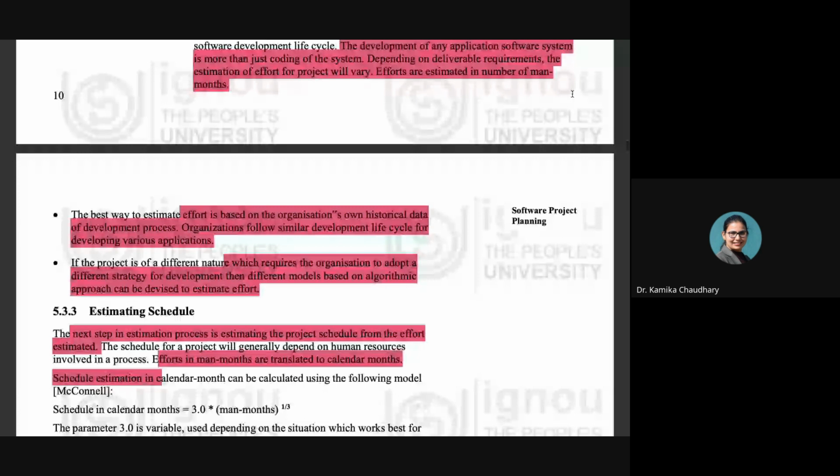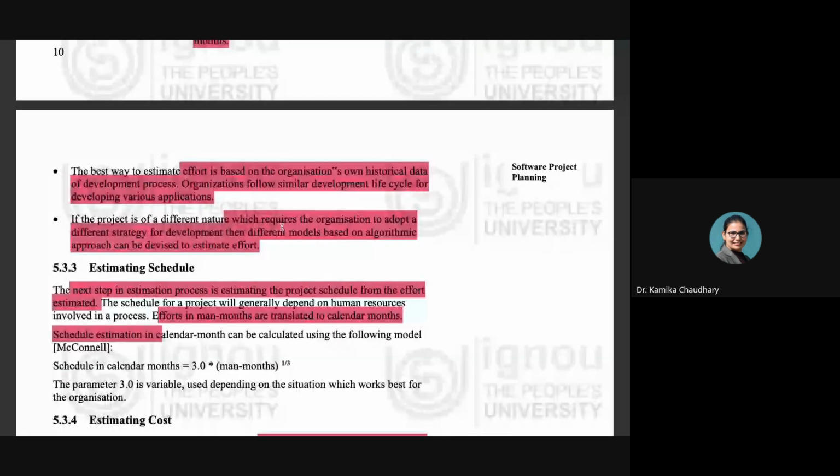And the second is, if the project is of a different nature, which requires the organization to adopt a different strategy for the development, then different models based on an algorithmic approach can be devised to estimate the effort. If there is no similar kind of project that the company has done in the past, then the company has to develop a model by making use of various algorithms in order to estimate the efforts.